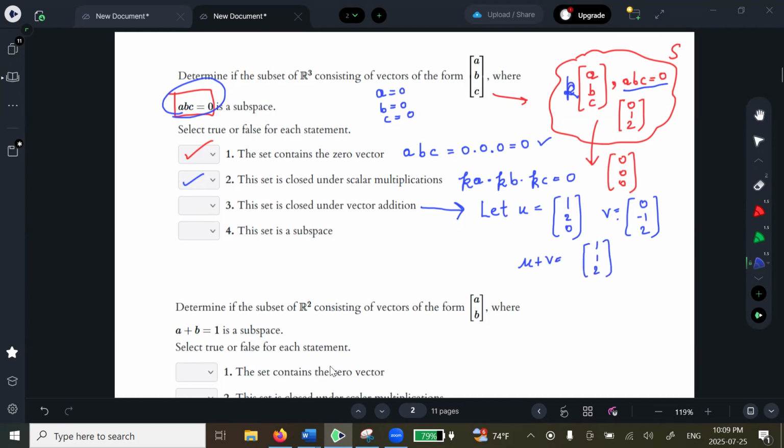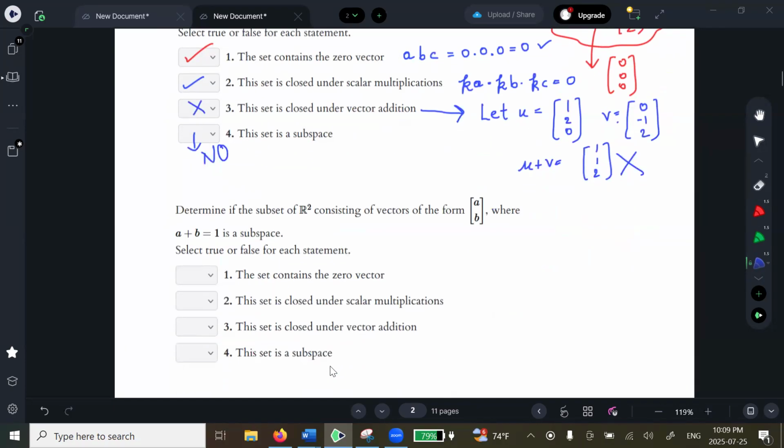So u plus v does not satisfy the condition. It fails the subspace test, and that's how you check. So just three simple conditions, and make sure you try a few counterexamples before you click on an answer in the exam, okay? Dr. Joshi?